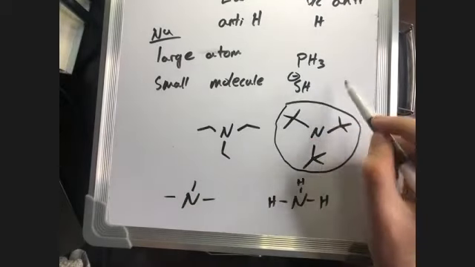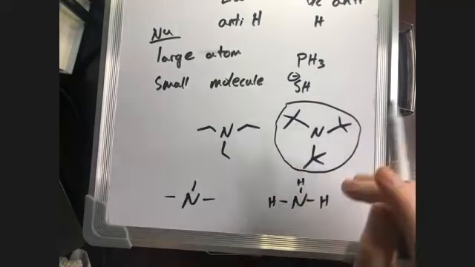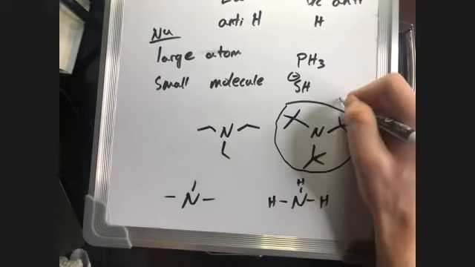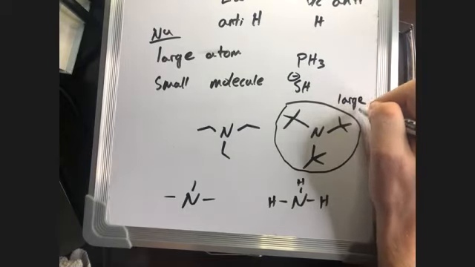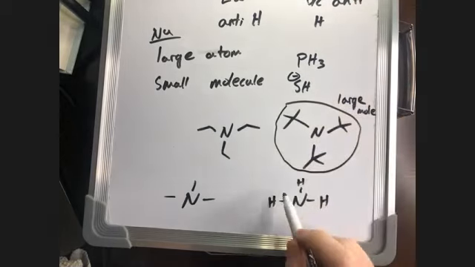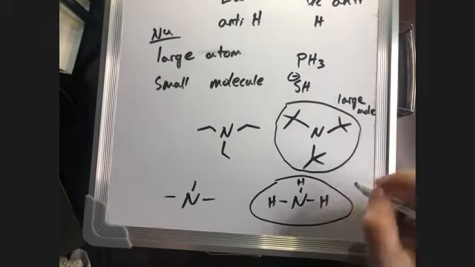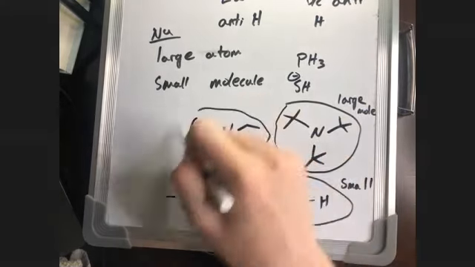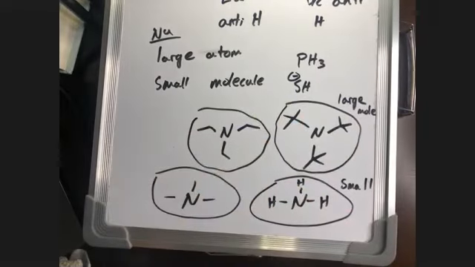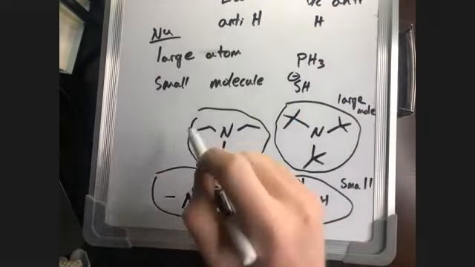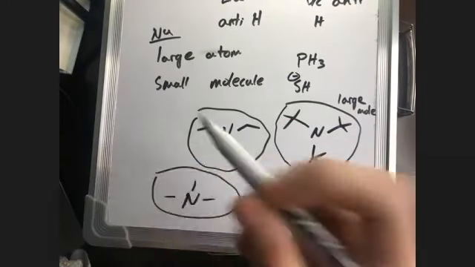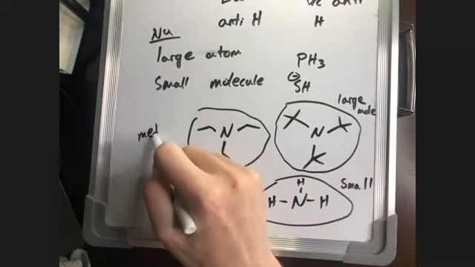Let's start with that one, right? Because you have these t-butyl groups. T-butyl groups are extremely demanding on space, so this would be an extremely large molecule. And then on the other side, this one is hydrogens, so this would be pretty small. Now, both of these are going to be kind of in the gray area, because ethyl groups aren't that big, methyl groups aren't that big, again, relative to each other. So these would both be, I would say, medium size.